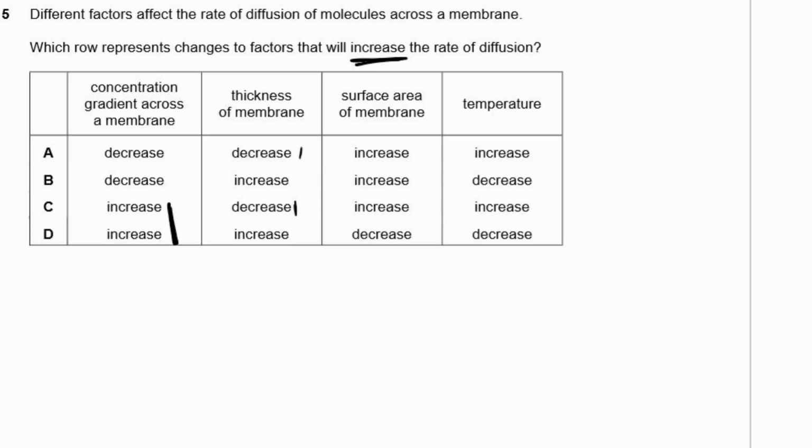A thicker membrane is more difficult for things to pass. Okay, surface area of the membrane. Well, the more surface area, the more diffusion you can get, so increase in surface area. And temperature, well, if the temperature is higher, then you can get more movement of particles, so that means more diffusion, so increase. So it looks like the answer to this is C.